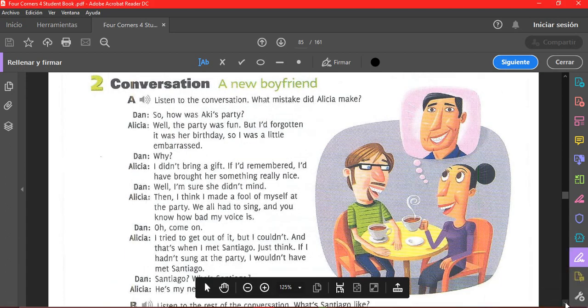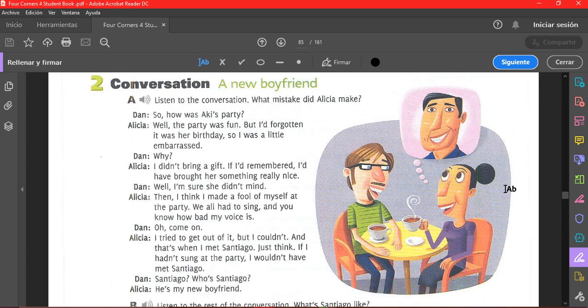Well, I'm sure she didn't mind. Then, I think I made a fool of myself at the party. We all had to sing, and you know how bad my voice is. Oh, come on. I tried to get out of it, but I couldn't. And that's when I met Santiago. Just think, if I hadn't sung at the party, I wouldn't have met Santiago. Santiago? Who's Santiago? He's my new boyfriend.